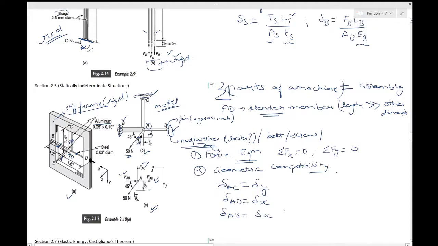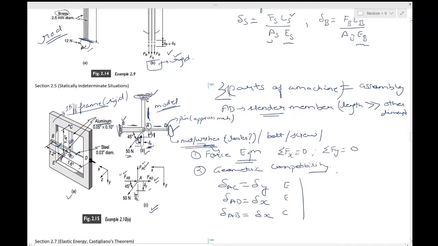This is the geometric compatibility in your question. The change in length of AC will be delta y, the change in AD will be delta x, and the change in AB will also be delta x. The only difference is AD will extend, so delta x can be calculated, and the same amount will get compressed in AB. So delta x is the compression in this case. So this is extension, extension, compression.